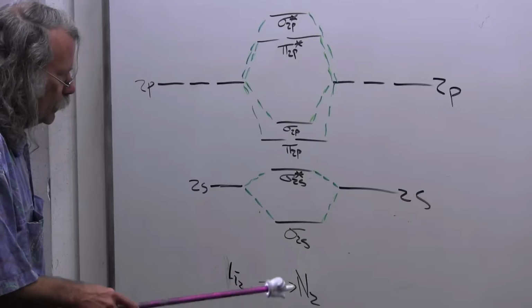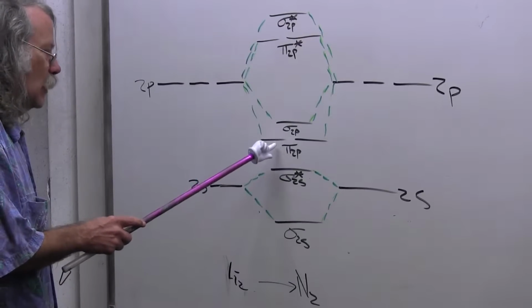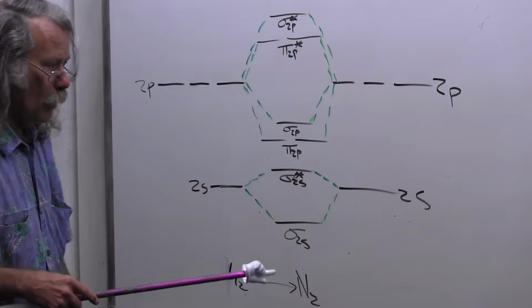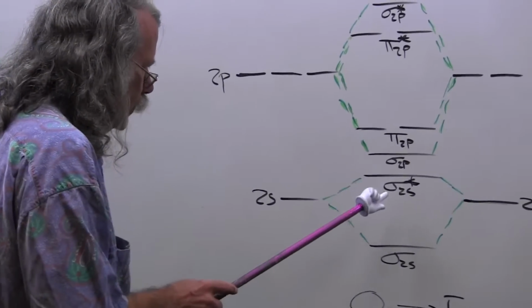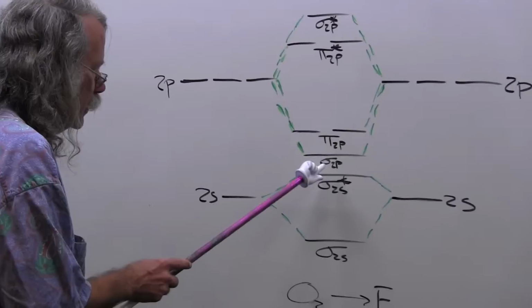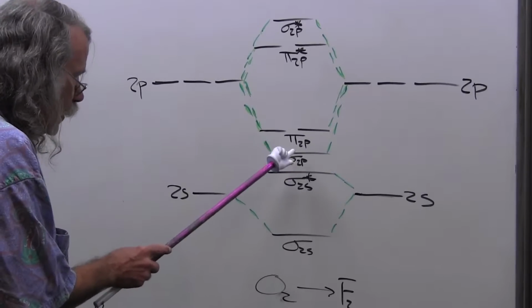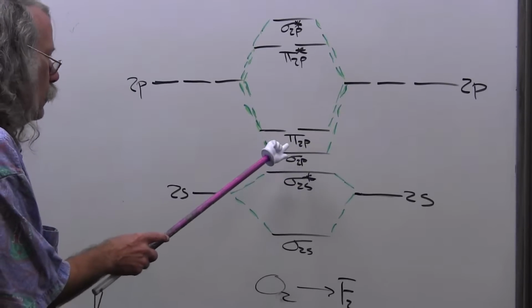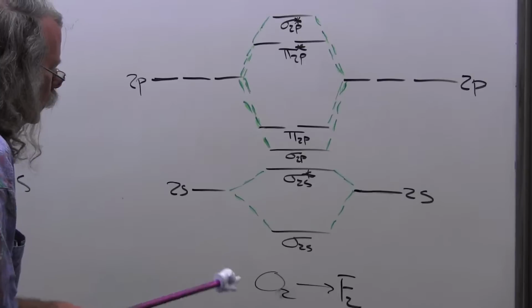For lithium through nitrogen, the pi 2p molecular orbital is lower than that of the sigma 2p molecular orbital. Whereas for oxygen through fluorine, the sigma 2pz actually lies lower than the pi 2p molecular orbital combinations, which are the pi 2px and pi 2py if we want to get technical.